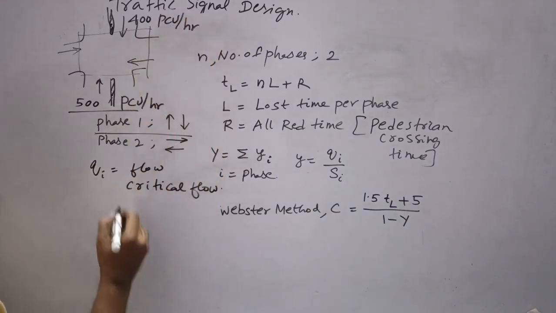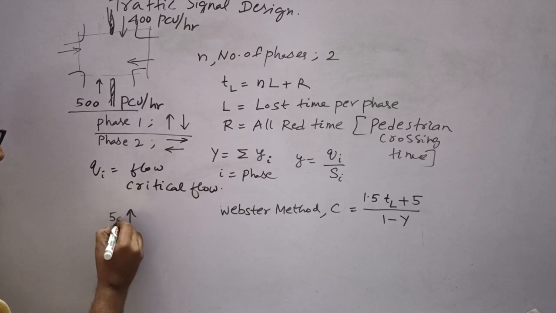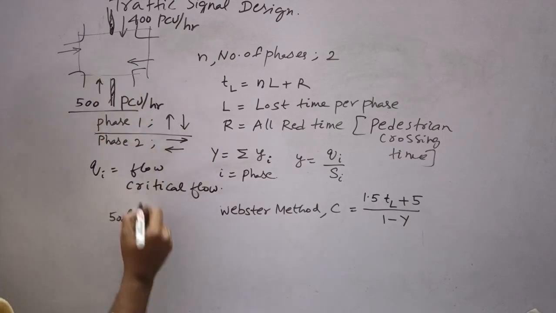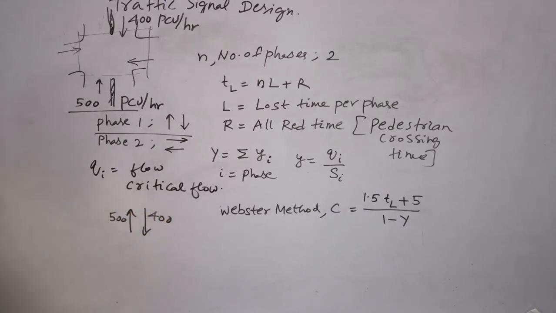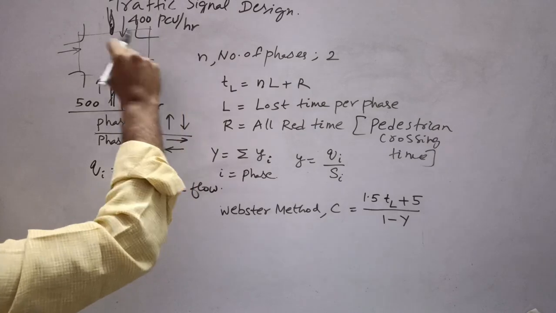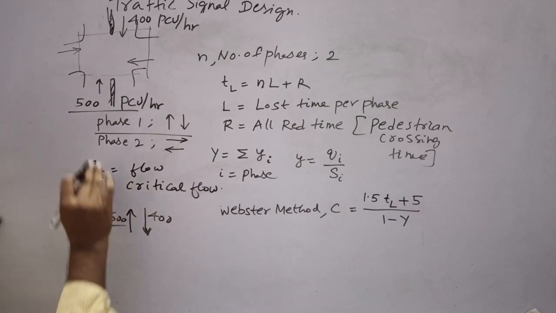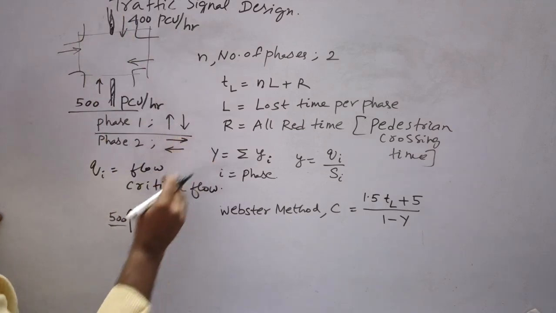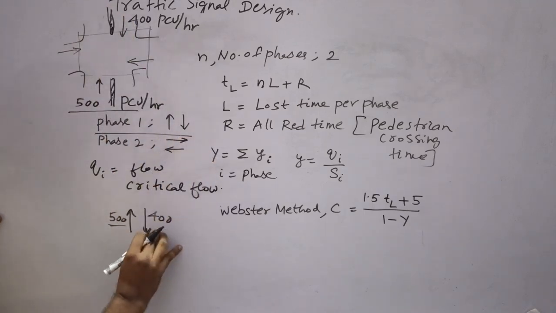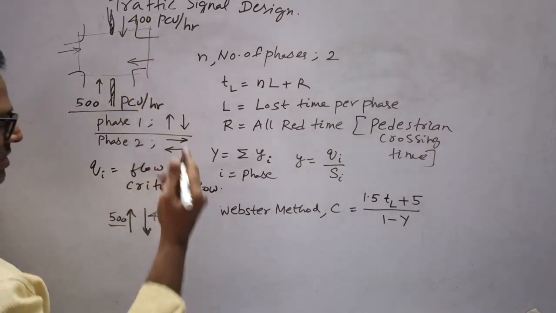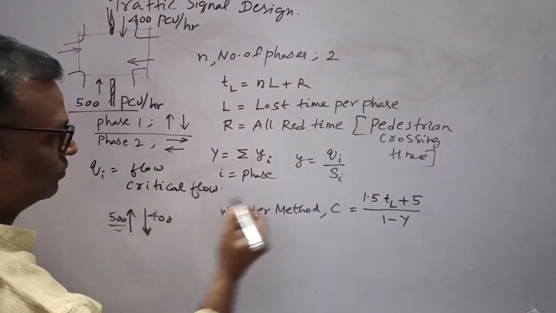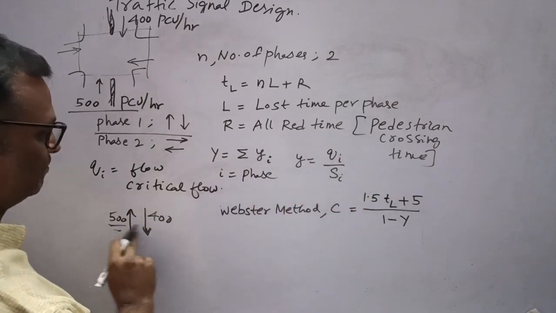So what we got is this traffic is 500 and this traffic is 400 PCU per hour. Critical flow is the highest of these two, or even if we have different approaches, the highest of them is called critical flow. Means if 500 vehicles can pass through this phase, less than 500 vehicles will also pass the signal. So that is the critical flow for that phase.